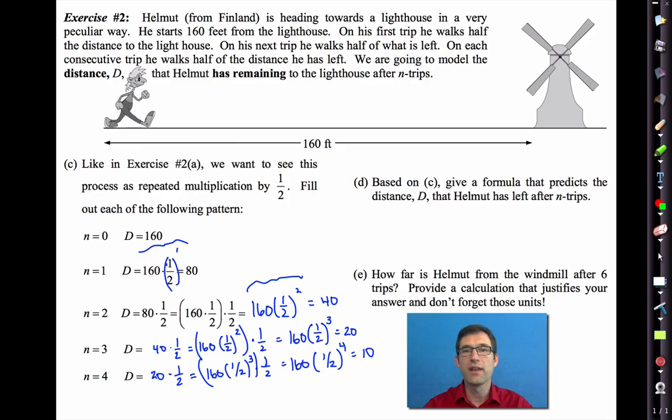In fact, letter D says, based on C, give a formula that predicts the distance D that Helmut has after n trips. Well, here it goes, right? Exponential functions always kind of look like this.